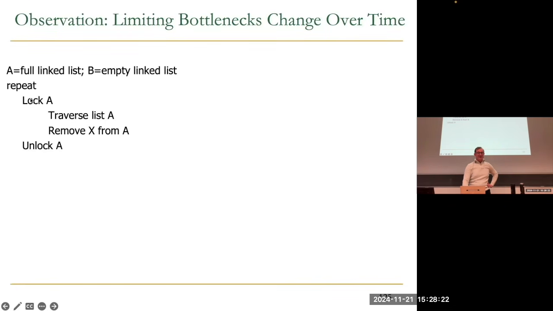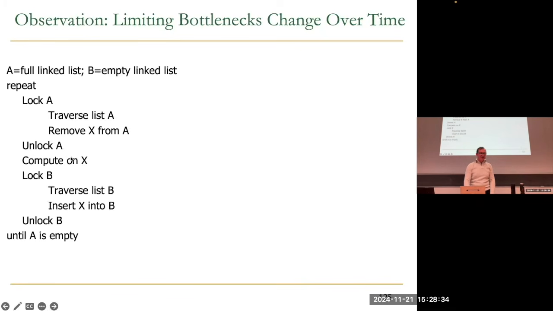Essentially, what we will do is lock the list A, which is initially huge, populated a lot. You traverse the list and remove X from A, and then unlock it, and then do some computation on X, and then lock list B and copy data X that you've updated into B. Essentially, you do a removal operation from a shared list A and an insertion operation for a shared list B until A is empty.